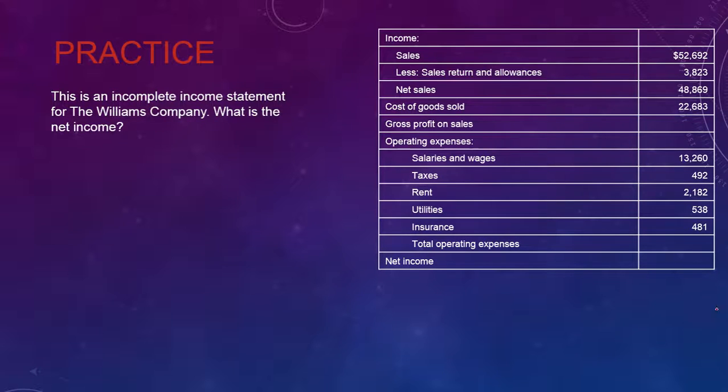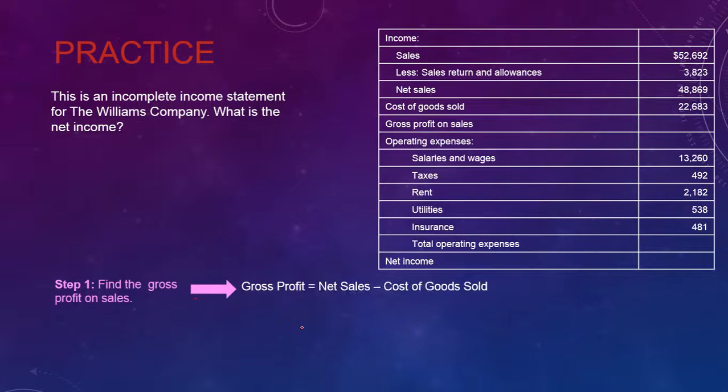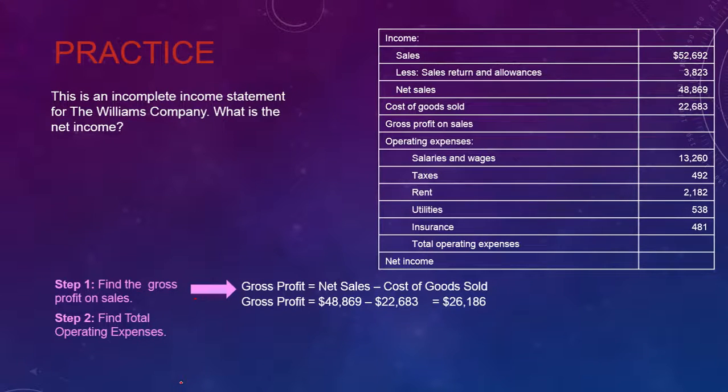Alright, let's try this out. Same thing again. We're going to find the gross profit on sales first. Subtract the cost of goods sold from the net sales, giving us a gross profit of $26,186. Next step, find the total operating expenses.